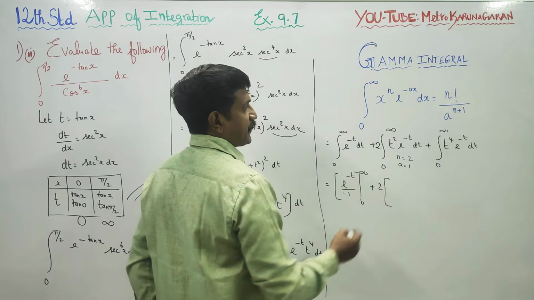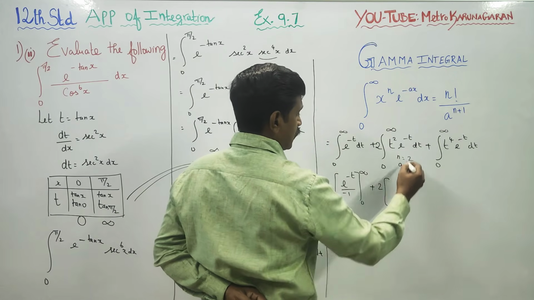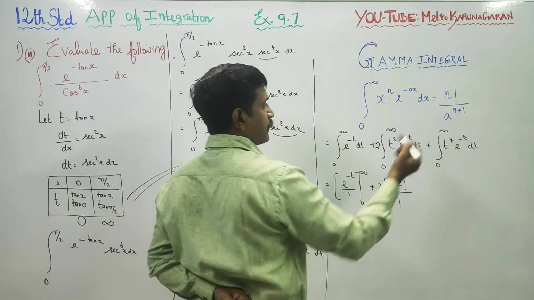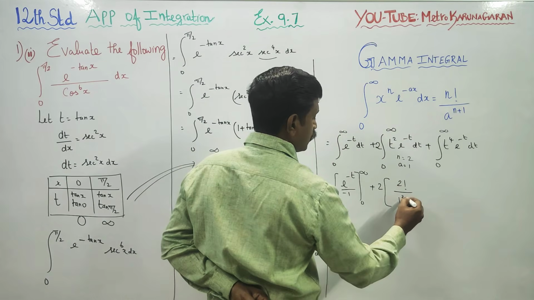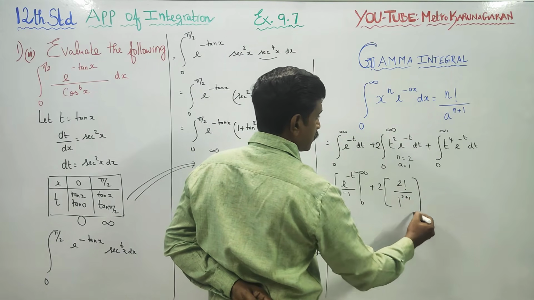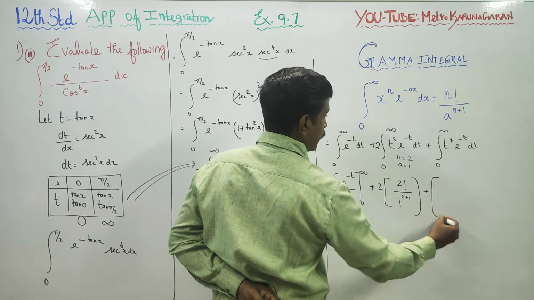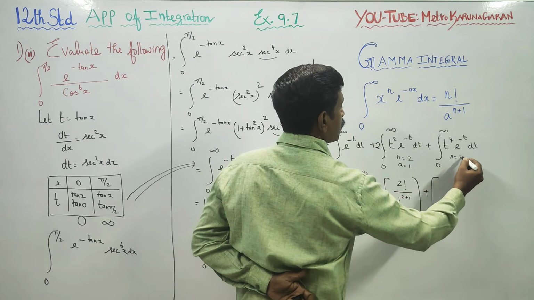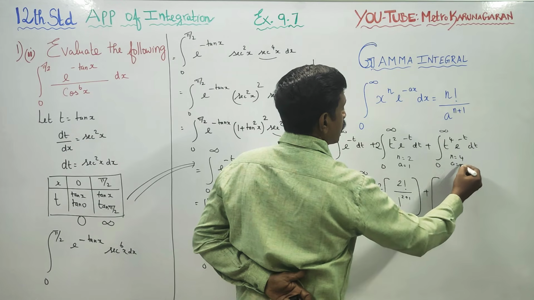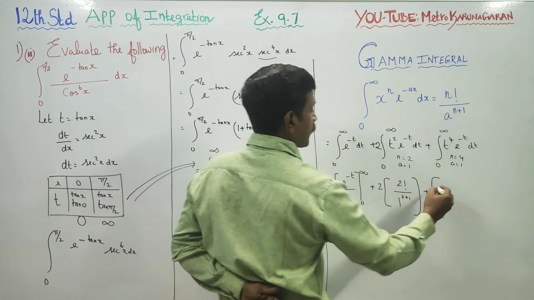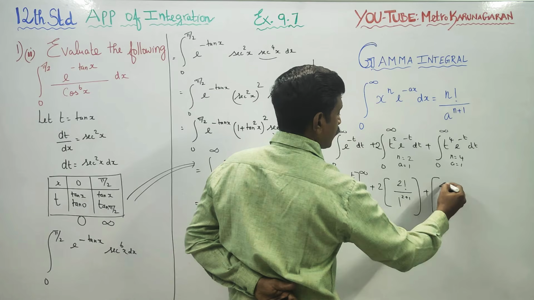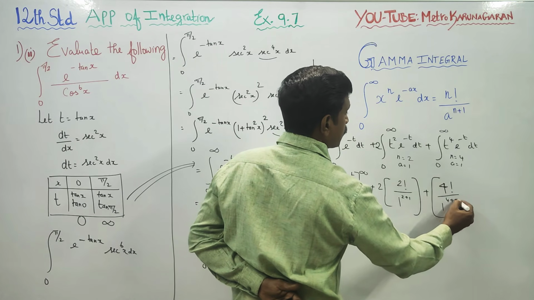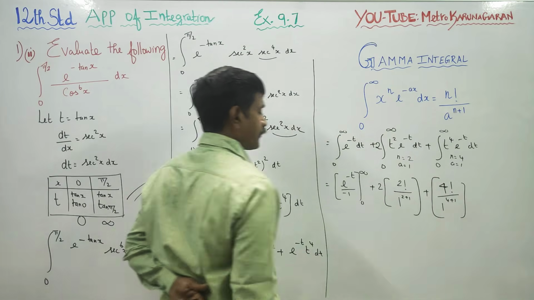Apply this formula: n factorial by a power n plus 1, that is 2 factorial by 1 power 2 plus 1. Then again here n is 4, a is 1, use the same formula, 4 factorial by 1 power 4 plus 1.